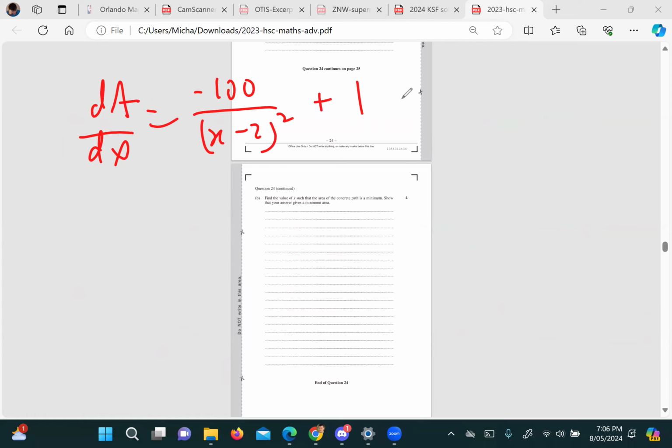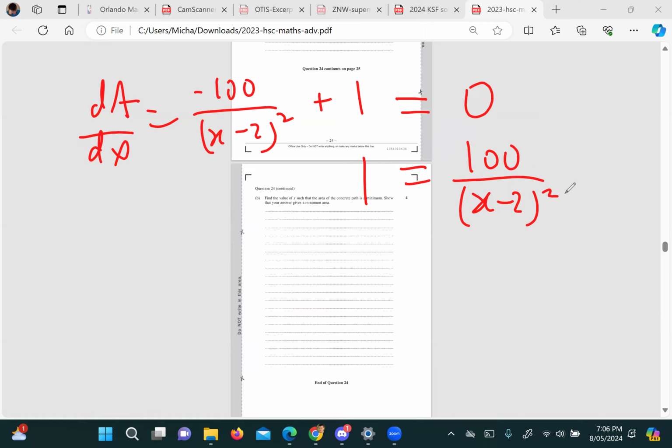And then I brought the 100 over, so 1 equals 100 on x minus 2 squared. If 100 on x minus 2 squared has to equal 1, then the bottom also has to equal 100. So x minus 2 squared equals 100. And then I undid the square, so x minus 2 equals plus or minus 10.